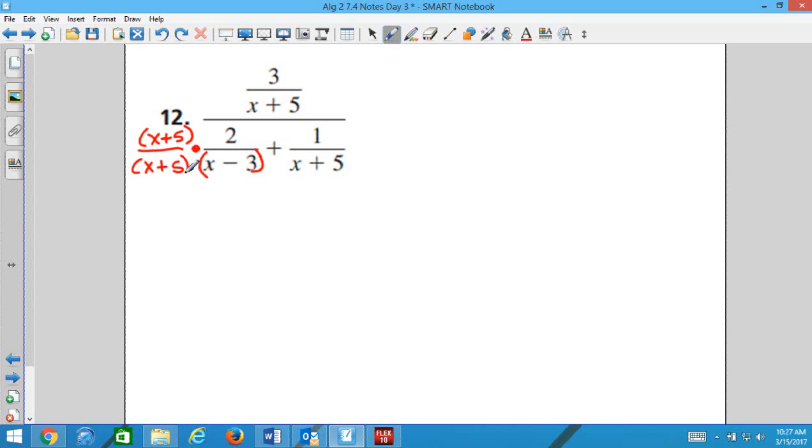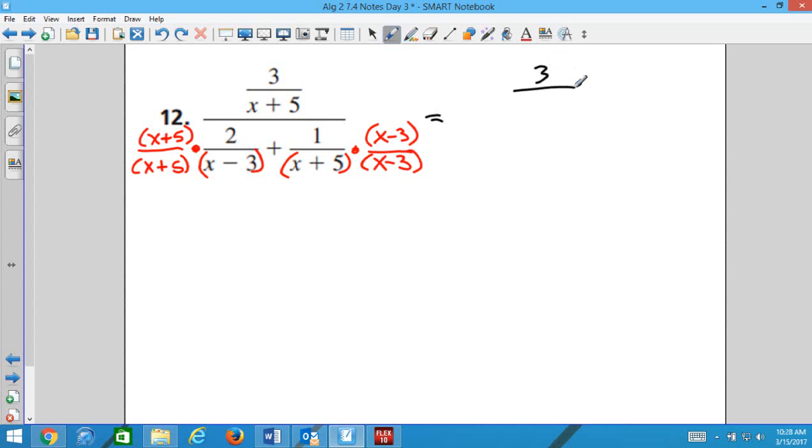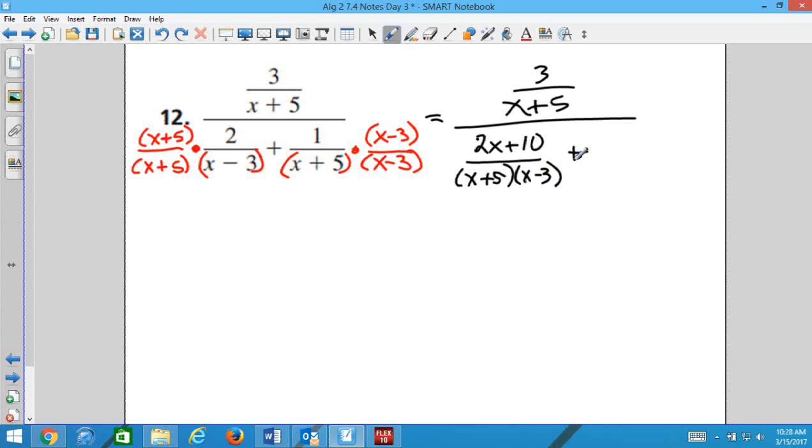What do I need to multiply the 1 over x plus 5 by? x minus 3 over x minus 3. They don't have anything in common, so I multiply by the other one. On top, nothing changed. On the bottom, we now have 2x plus 10 over x plus 5 times x minus 3, plus x minus 3 over x plus 5 times x minus 3.